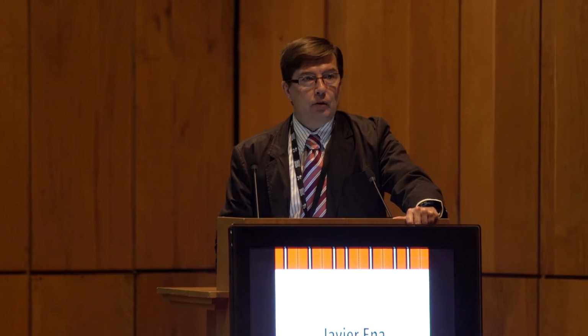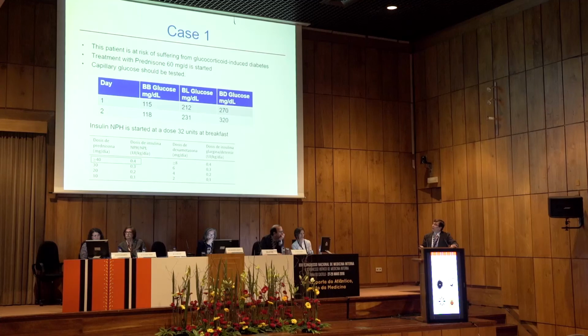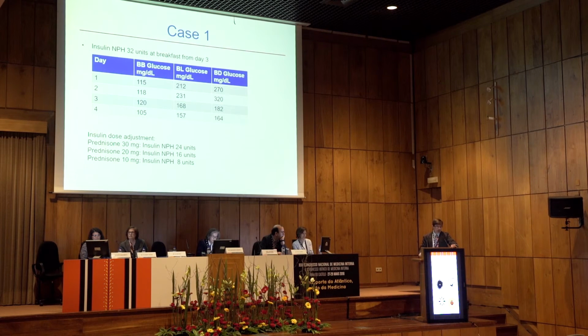So according to the algorithm that I already explained to you, for this patient who weighs 80 kilos and is receiving more than 40 milligrams per day of prednisone, she received 32 units of insulin NPH at breakfast, and the following glucose levels on days 3 and 4 were within the target that we wanted to achieve.